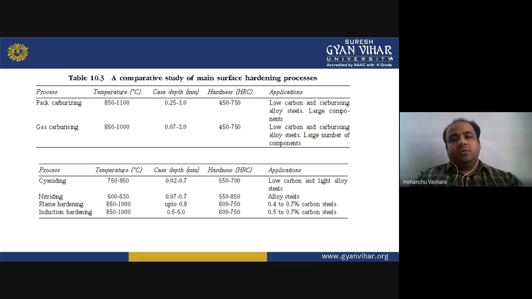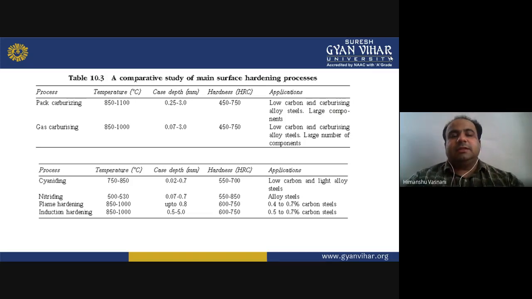Here, when you do the comparative study of the main hardening processes, in pack carburizing you have around 850 to 1100 degrees centigrade as temperature. The case depth is 0.25 to 3.0 mm and hardness is 450 to 750 HRC, with applications in low carbon steels, allowing large components.